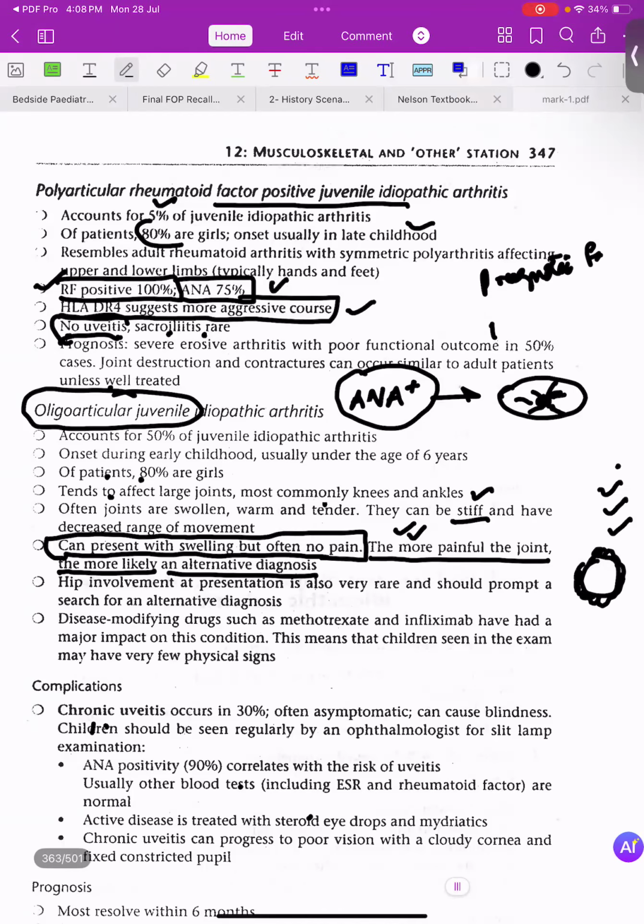What alternate diagnosis comes into your mind when you think of excruciating pain in the large joint? Dr. Arifa? Ma'am, rheumatic fever. Yeah, that is rheumatic fever. What is the differentiating point between rheumatic fever and juvenile idiopathic arthritis?